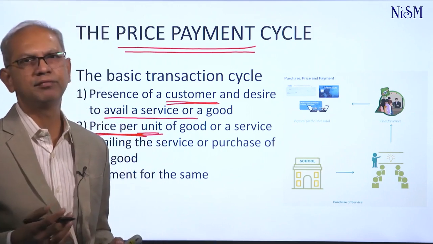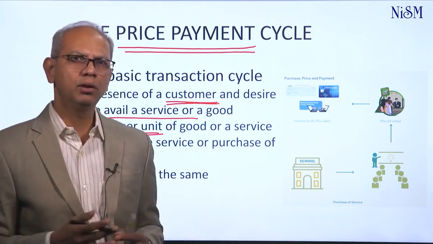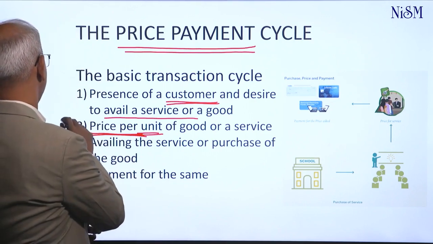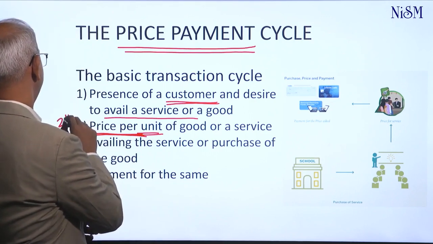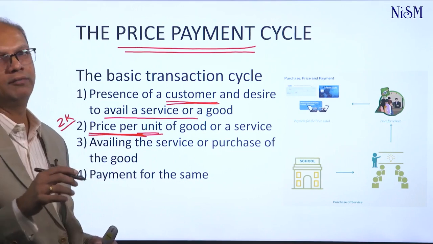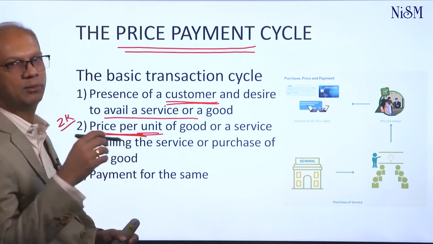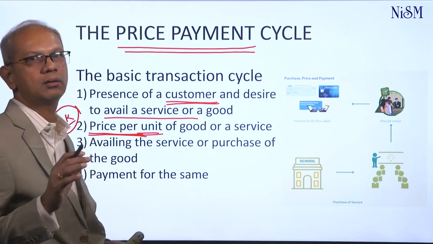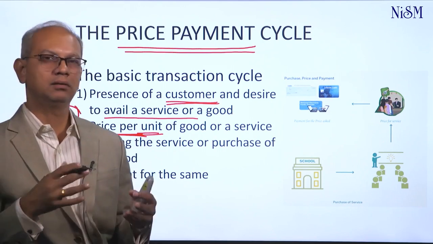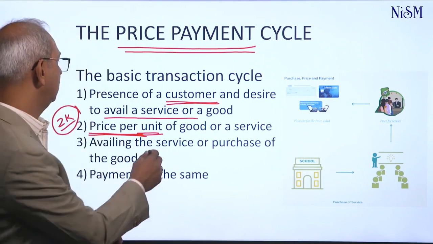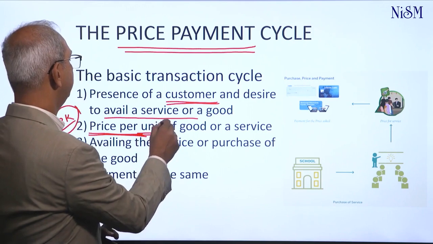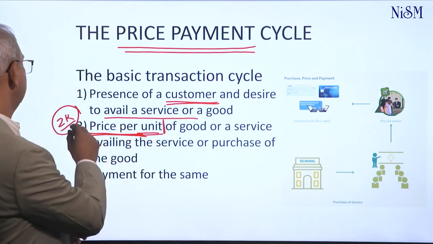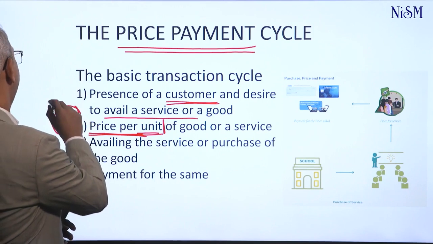For example, if the unit price of the jeans is 2000 rupees, or if there is an offer which says buy 2 get 1 free, then your decision to buy that garment is based on the unit price, and that has a psychological bearing.